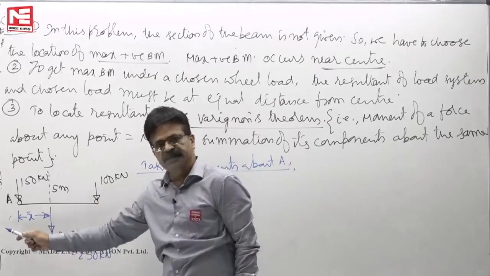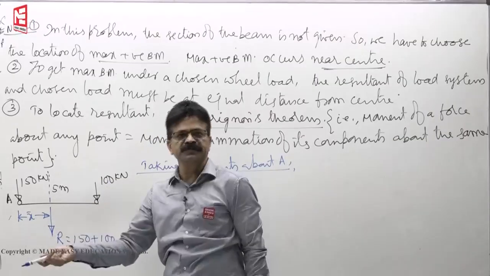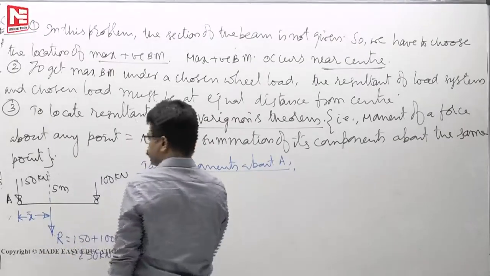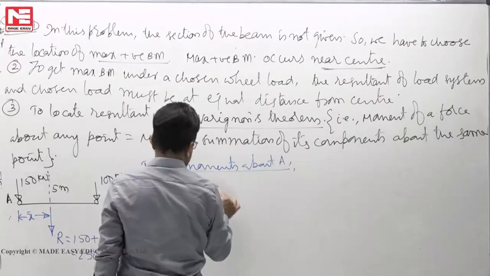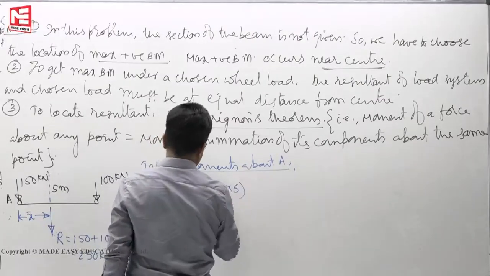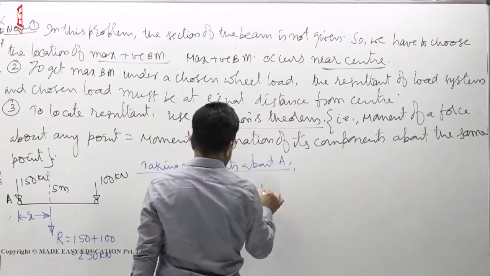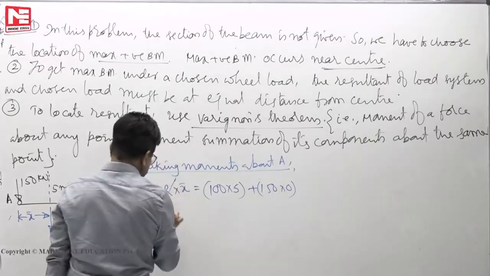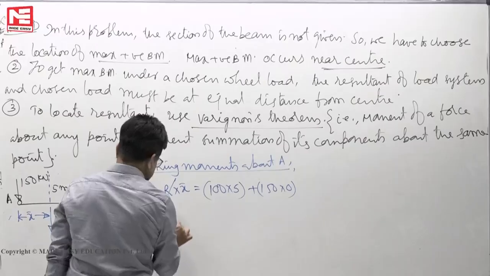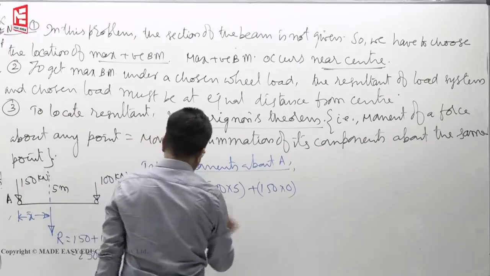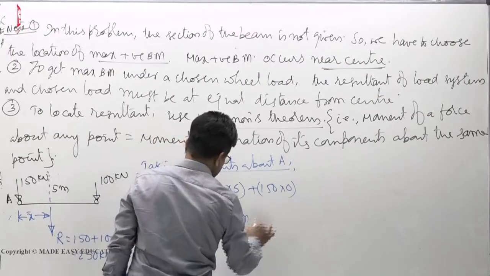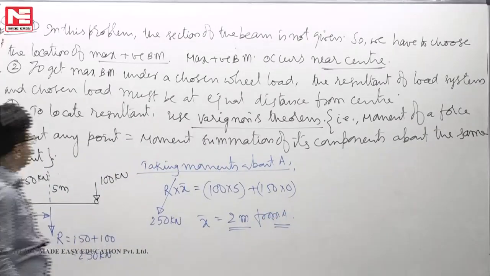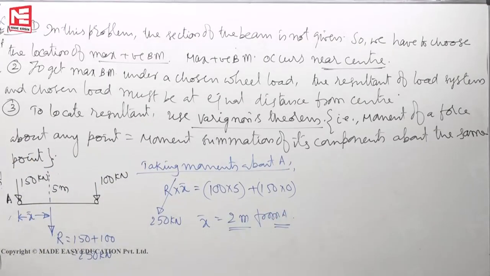So R into x bar is equal to 100 into 5 plus 150 into 0. R we know is 250 kilonewton, so x bar is 500 by 250, which is 2 meters. Now we know where the resultant is acting.